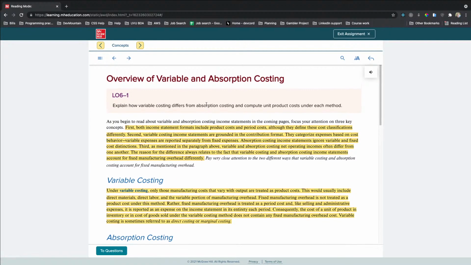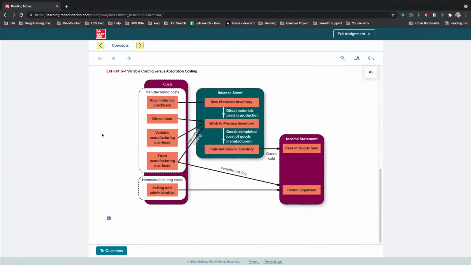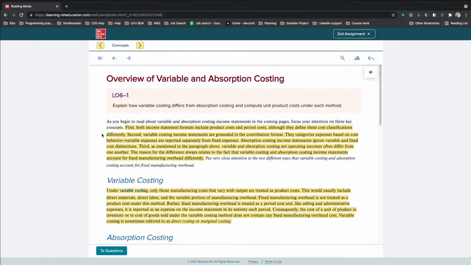So, overview of variable and absorption costing. Explain how variable costing differs from absorption costing, and compute unit product costs under each method. All right, so here we go. They probably have an image here, so we'll get to that.